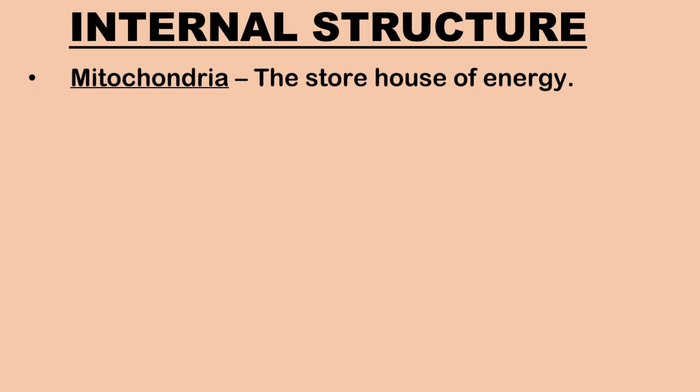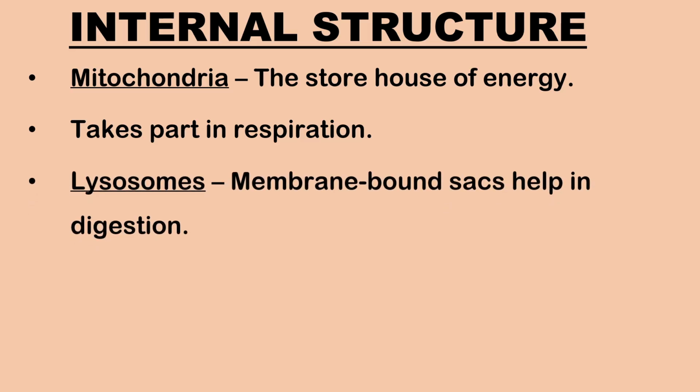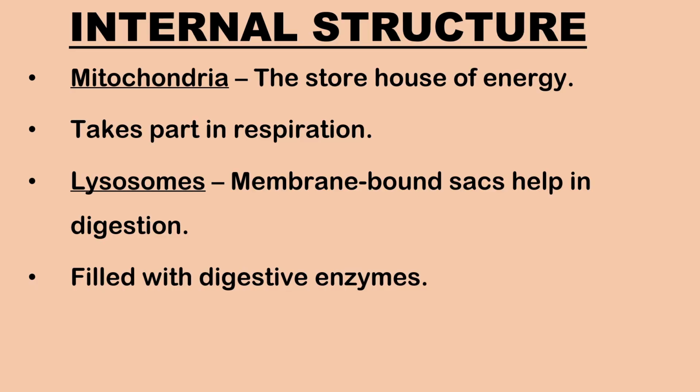Mitochondria are the storehouse of energy. Cristae present in the mitochondria take part in respiration and generate energy which is used for various activities of the cell. Lysosomes are small membrane-bound sacs which help in the digestion of food as they are filled with digestive enzymes.